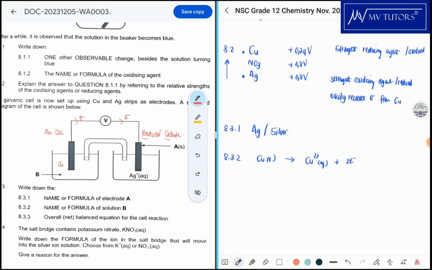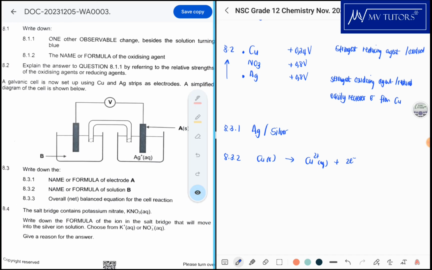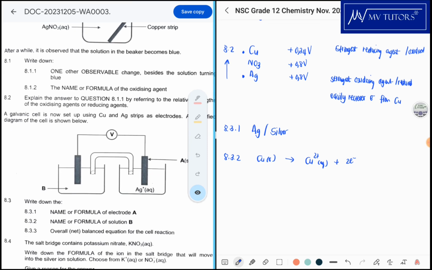And in the solution there are some nitrates. So the copper and the nitrate will come together, and the name or formula of solution B is copper nitrate. Remember, copper has 2 plus, your nitrate is 1 minus, so we're going to need 2 of those. So that is your copper nitrate solution, and this is the answer, by the way.